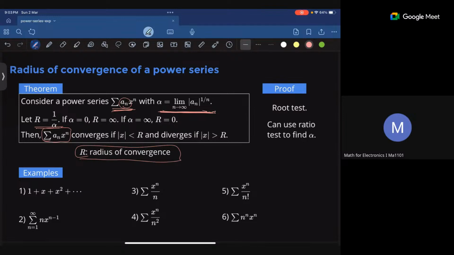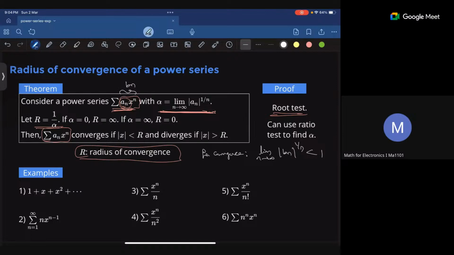Okay, you can actually prove this using the root test, right? Our nth term is a_n x^n, so you can treat this as b_n now. If I use the root test, then limit n tends to infinity of mod b_n whole power 1 by n should be less than 1 for convergence.